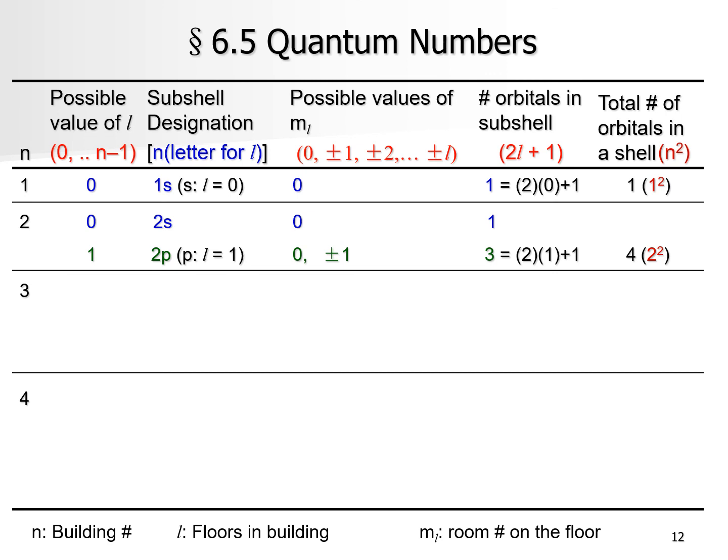Let's check whether that is correct or not. For n equals 3, L can be 0, 1, and 2. Will that be 3? No, again, because L cannot be n itself. For L equals 0, we talk about 3s. For L equals 1, we talk about 3p.